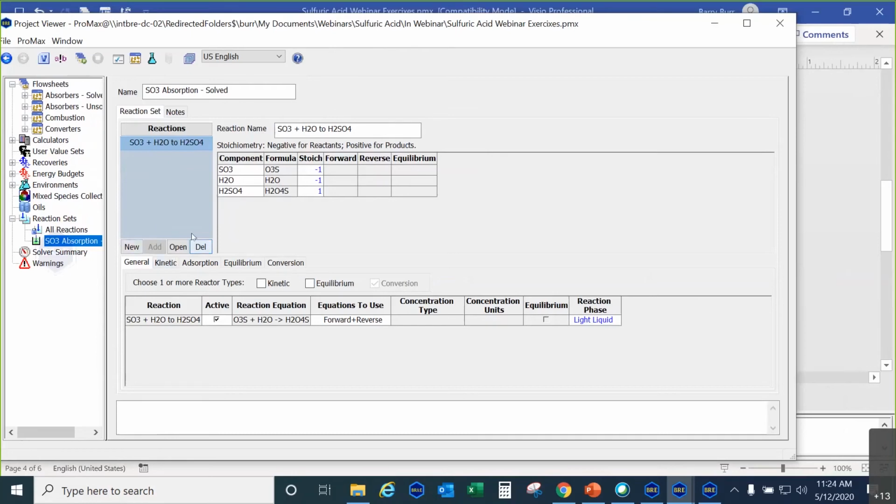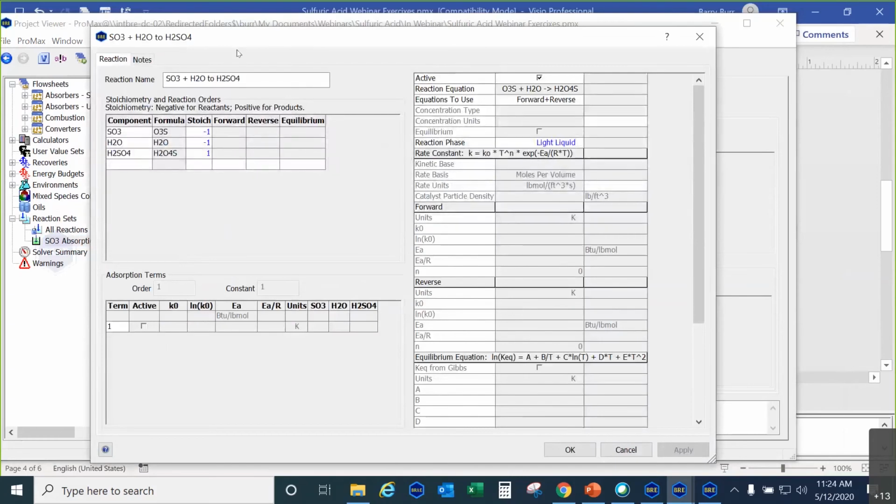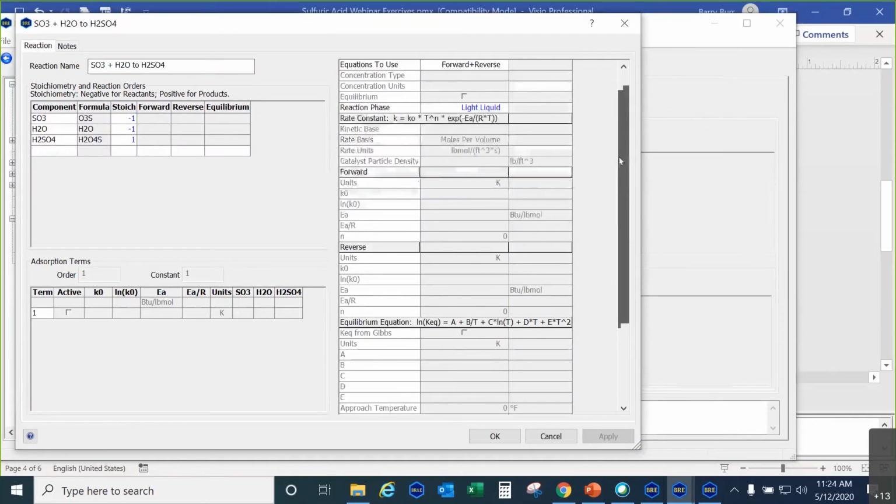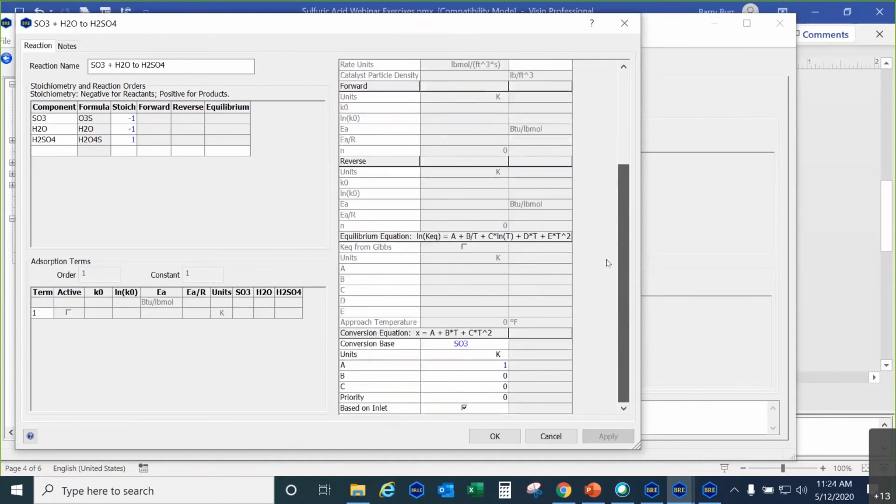And if we want, we can open this reaction to see more properties of it. You see the stoichiometry is defined here on the left-hand side, and on the right-hand side, we say that this reaction only participates in the liquid phase, and the conversion base is SO3, and we have a default conversion factor of 1.